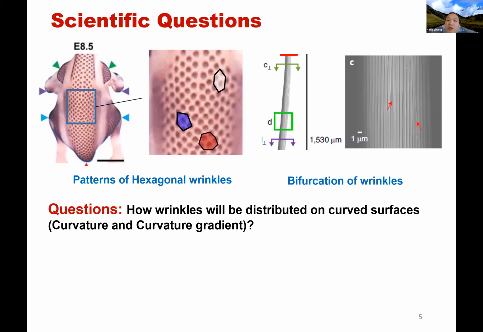And for the plant, that is a kind of cone structure. So for these two geometrical structures, we not only have a non-zero curvature, we also have a curvature gradient. And then we will discuss how the curvature and the curvature gradient influence the wrinkling patterns.